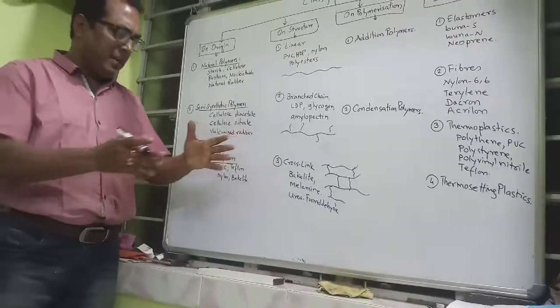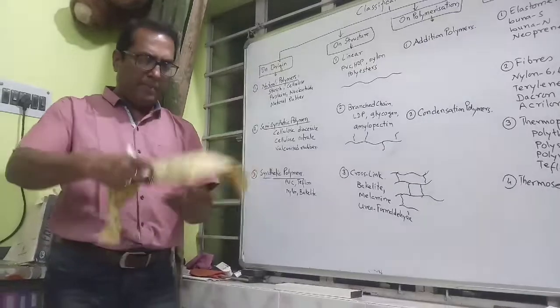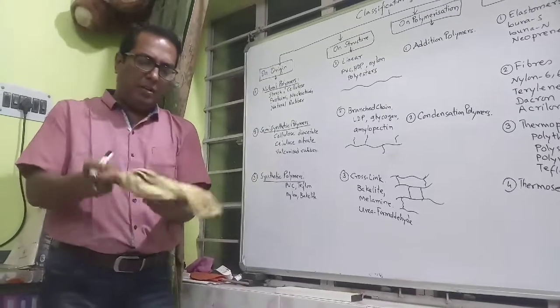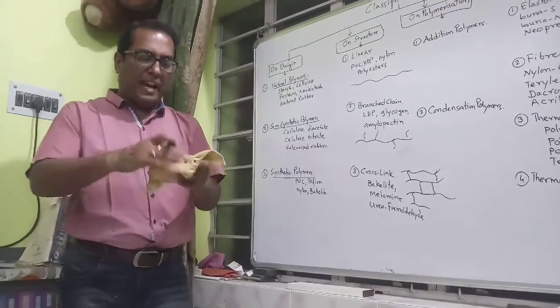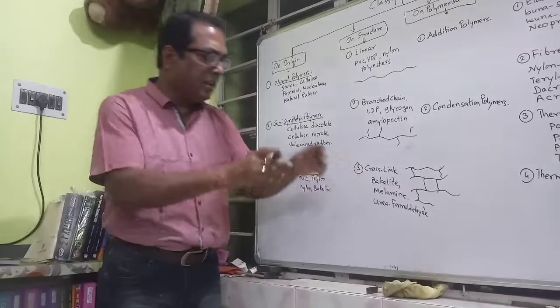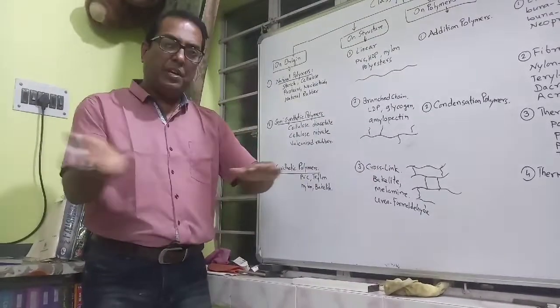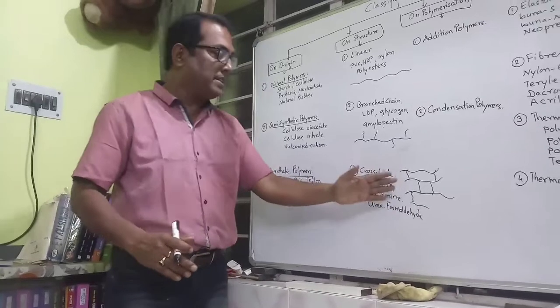So cross link, you cannot just, if I take a linear polymer, I can just keep on putting one after another layer. I can make it into high density, but in cross link, these strands do not allow it to come over, and so they are of low density.